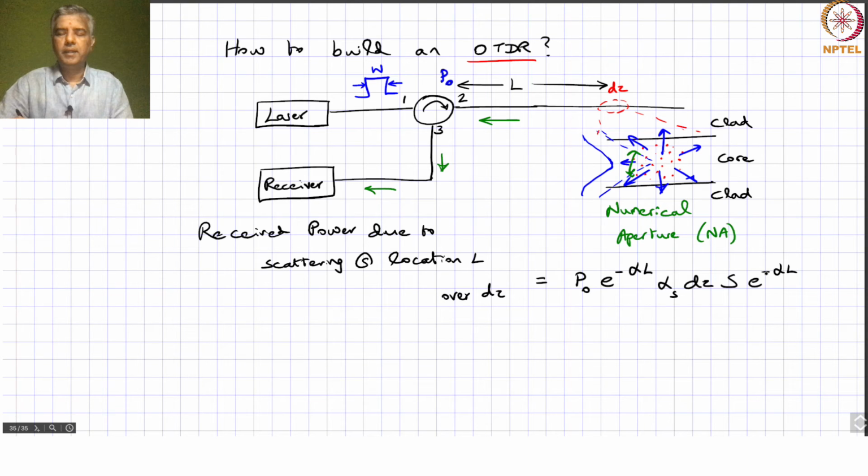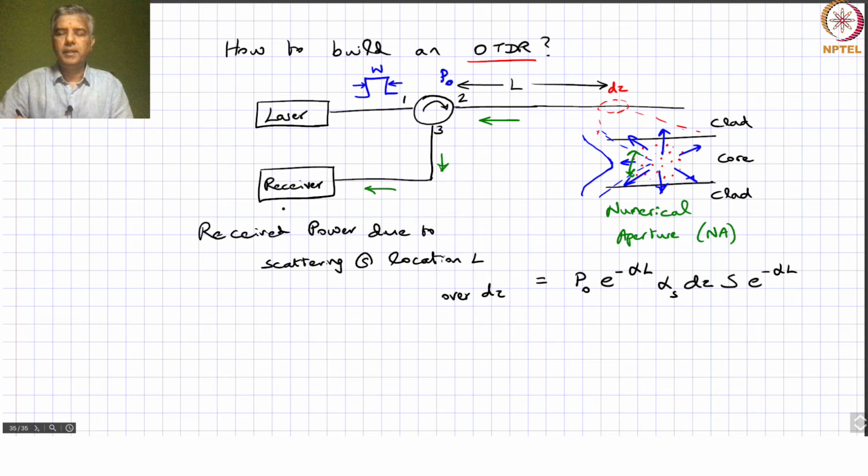Now let us try to see what is the total power that will be scattered under this pulse width. Okay, that's what we are interested in. So this pulse would have to interact with this region, and all the backscattered light is going to be integrated at the receiver.